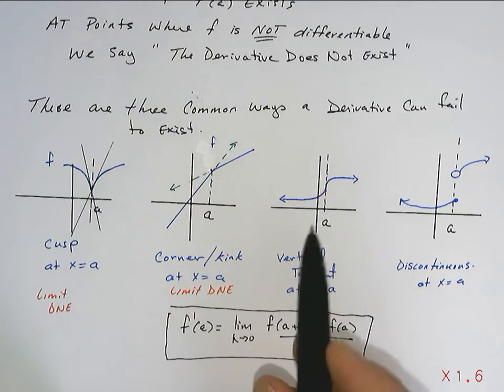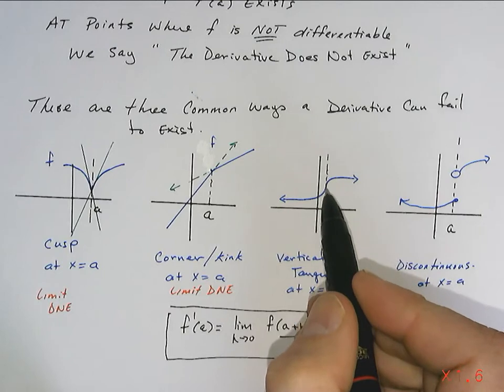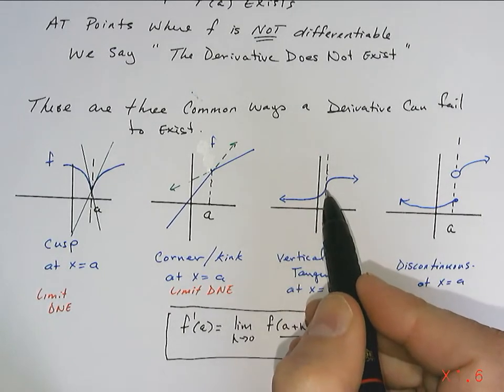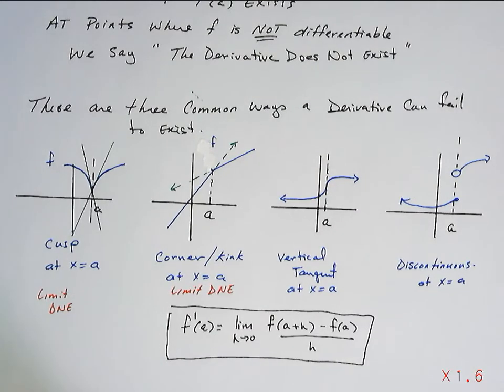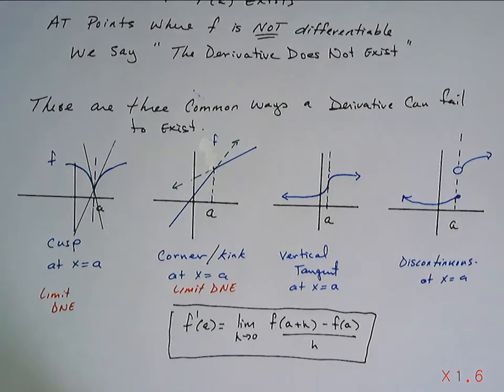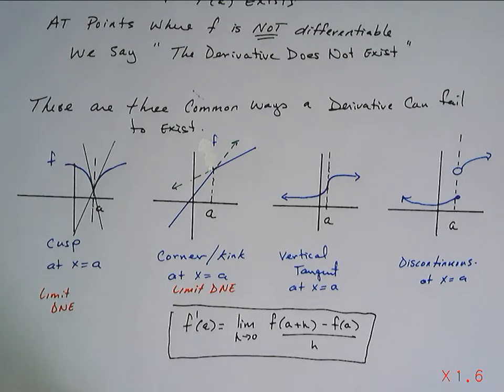This one, as I approach from the right and as I approach from the left, the limit is approaching infinity. So the limit doesn't exist. But there is a vertical tangent line there. There's a vertical tangent, and you know that that's going to have an undefined slope.